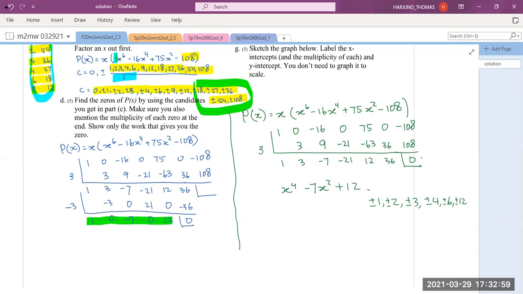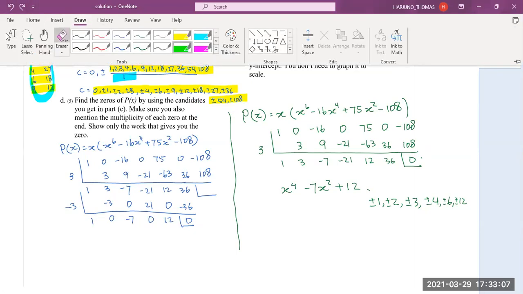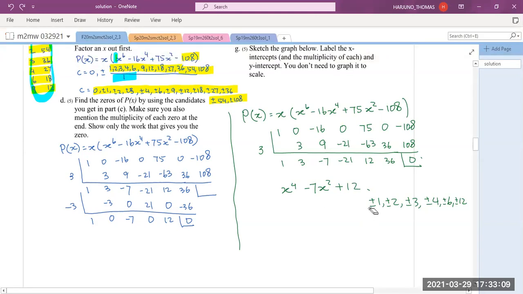Now from here, you can try again. Can I try x equals 2, Thomas? Go try. We never know. Should I try 1? No, because we tried it earlier with the original polynomial. It didn't work, so it won't work now either. So this is 1, 0, negative 7, 0, 12.